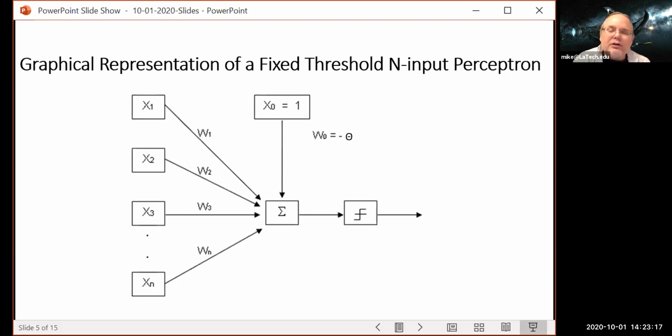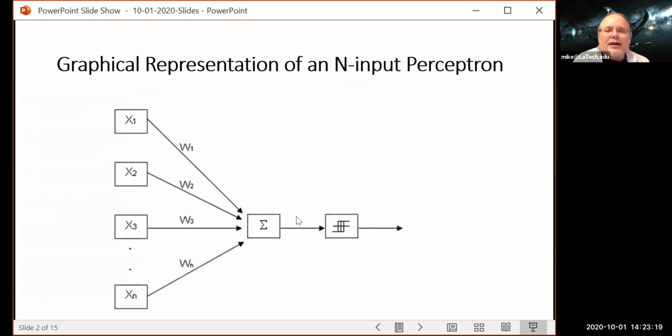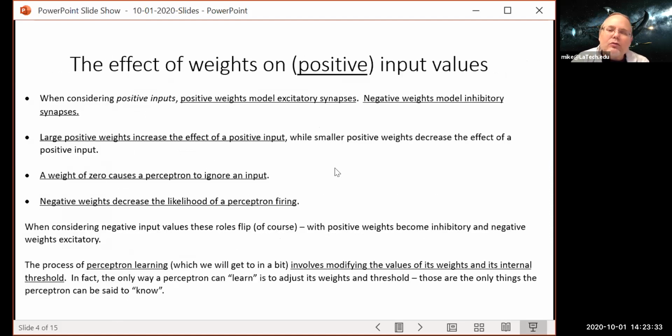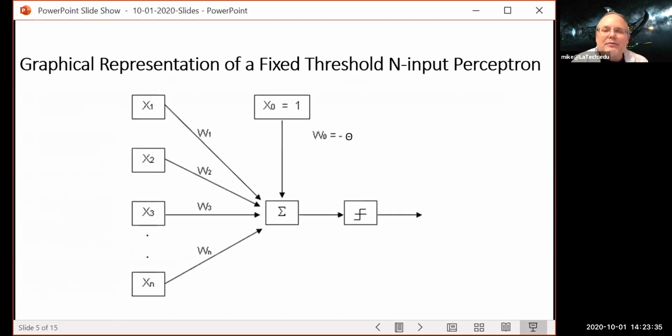Minus your theta value, wait, what are you saying, Mike? Well, in the original model, let's say that our threshold was 10, okay? So the weighted sum of the inputs had to be greater than or equal to 10 for this thing to fire. In our revised model, we're going to use minus 10 as the weight here, and x sub 0 will always be 1.